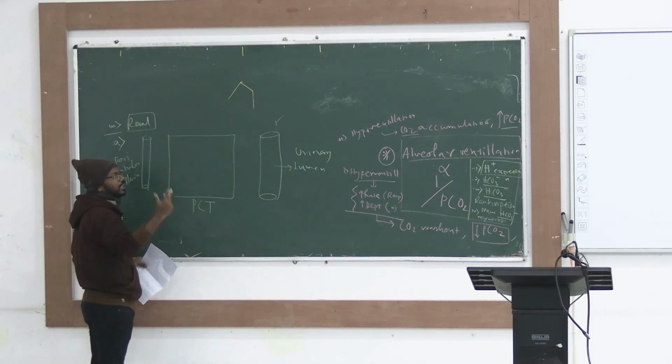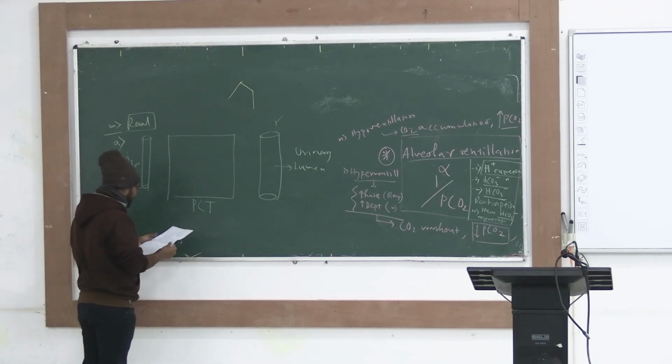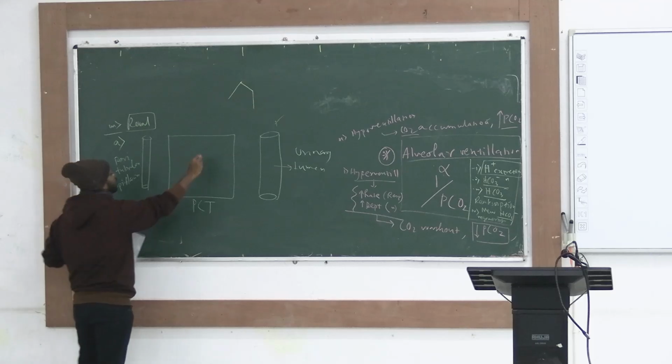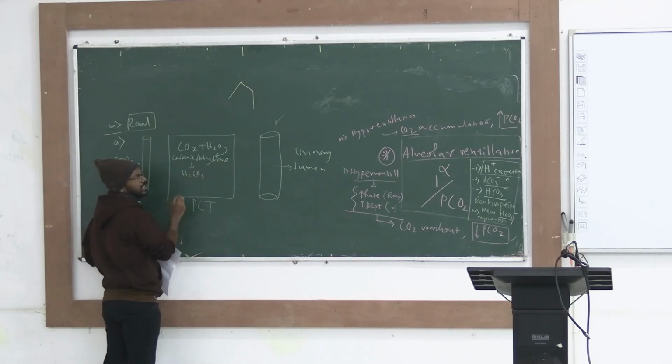Then in second point we will be discussing how new bicarb is formed. So this 4 mechanism is very important. কি হচ্ছে দেখো এখানে. এবারে প্রথম দেখো, just like I said, CO2 plus H2O with the help of carbonic anhydrase is forming your H2CO3, which is actually unstable.